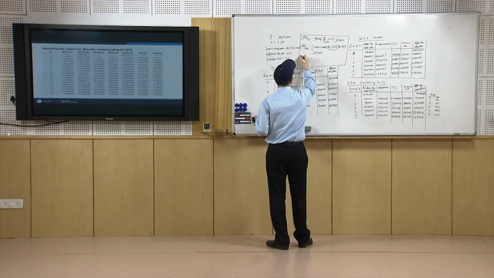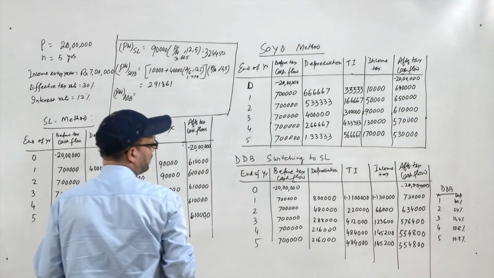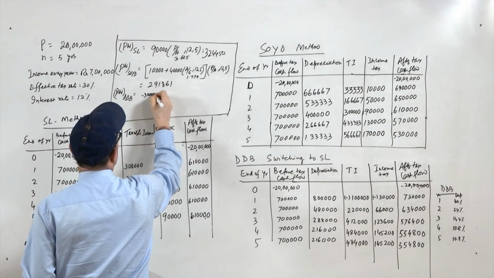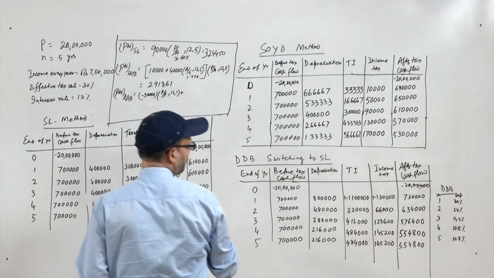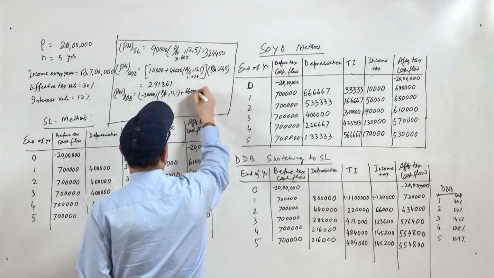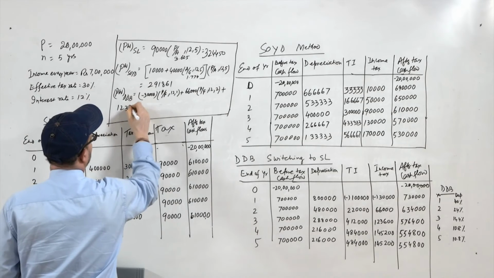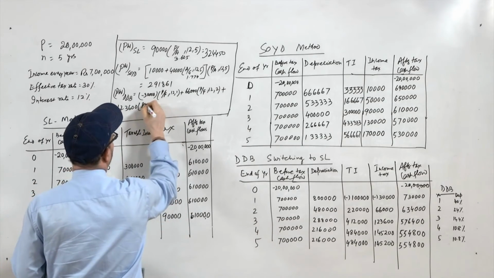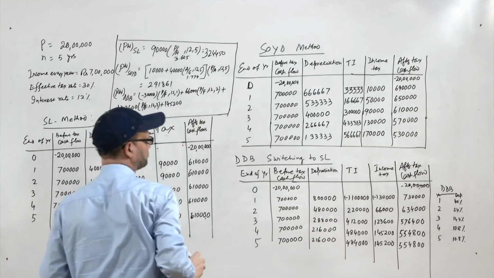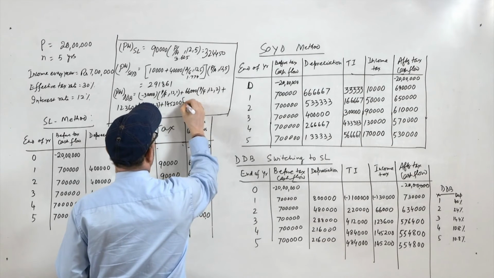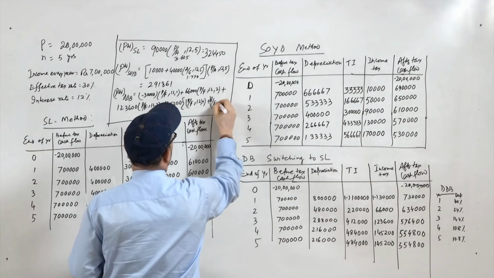Now, in the case of DDB, we see here we have minus of 30,000 multiplied by P by F 12,1 plus 66,000 multiplied by P by F 12,2 plus 123,600 multiplied by P by F 12,3 plus 145,200 multiplied by P by F 12,4 plus P by F 12,5.